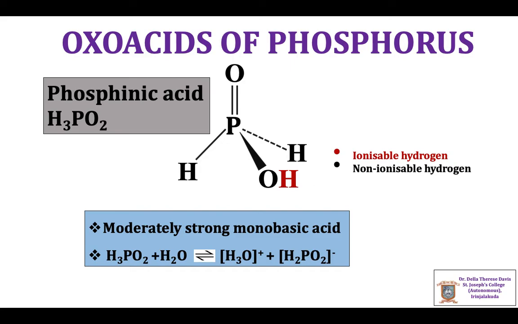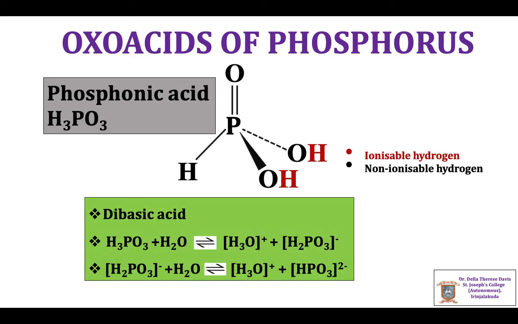The acid has a tetrahedral structure in which there is one P=O bond, two P-H bonds and one P-O bond, and the oxygen is attached to a hydrogen atom which is ionizable.